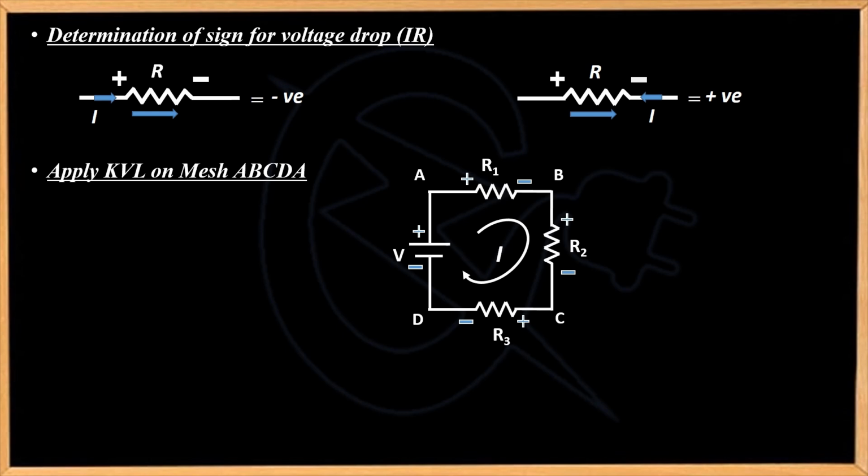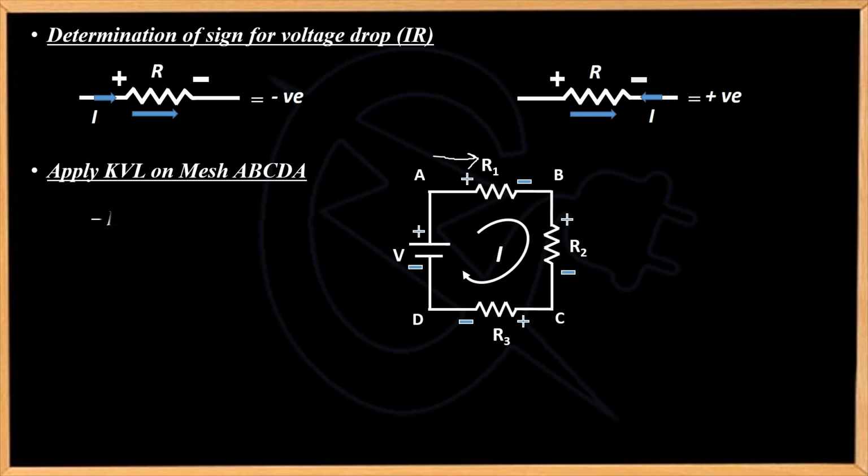So first the current flows from here like this, and the first product that comes is IR1. Now current is flowing from positive terminal to negative terminal, which we already defined is taken as negative.